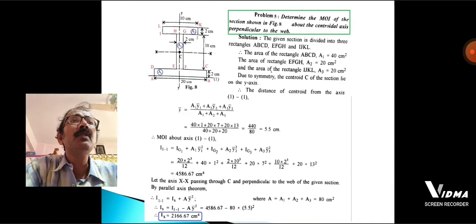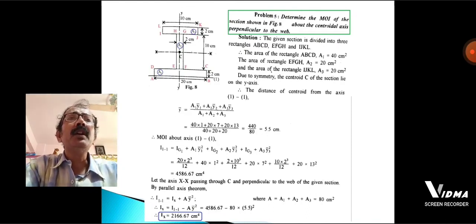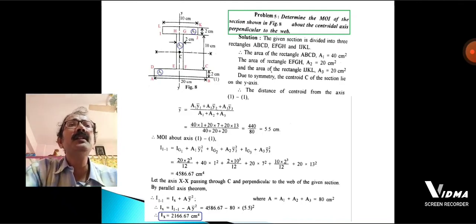First again we have to calculate the centroidal position. This figure is symmetric about the x-axis, so the position of the centroid will lie on the y-axis. So y bar we have to calculate first. The total area is divided into three parts, 1, 2 and 3, and the value of y bar is 5.5 centimeter.